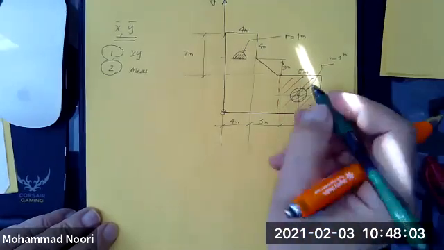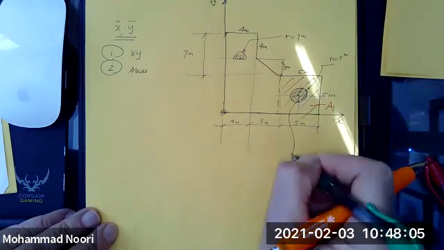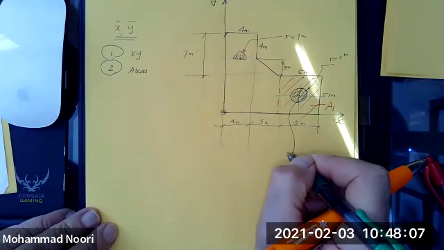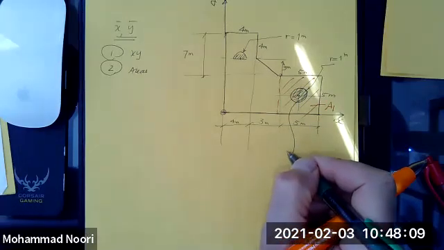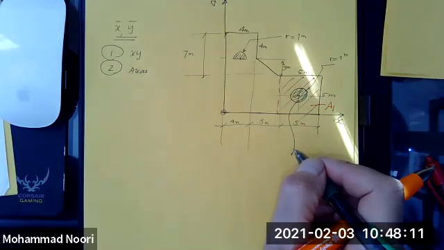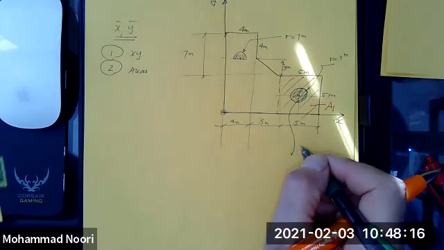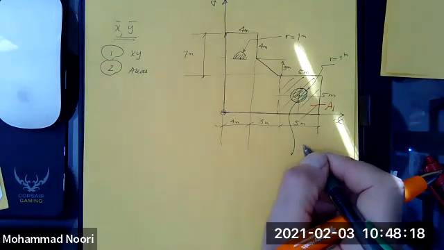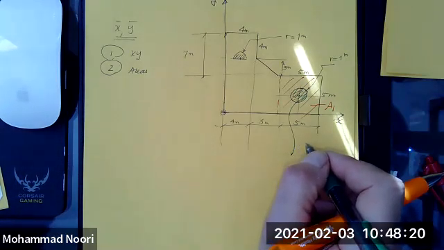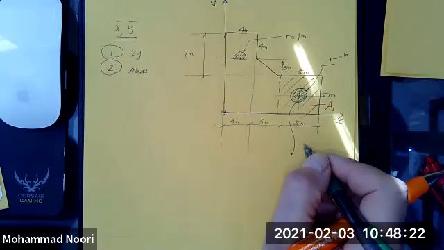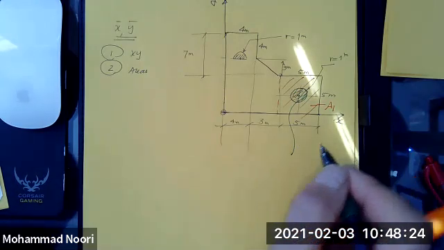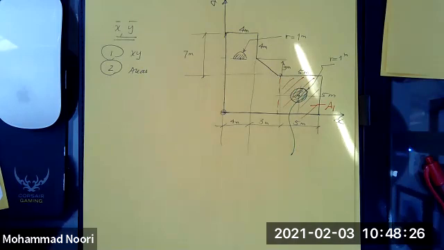I will consider this little circle, radius of that circle is given. I didn't put it there. So what is the radius of that circle? Let me see. I have to guess that because I haven't tabulated it here.